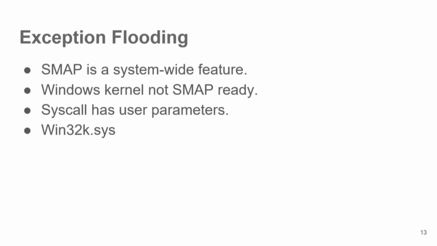Every time it does that, it triggers page faults. A lot of system code has user parameters. Perhaps one reason behind this is that some kernel modules, such as Win32K, may store some data in the user part of memory. That's why there are so many exceptions.